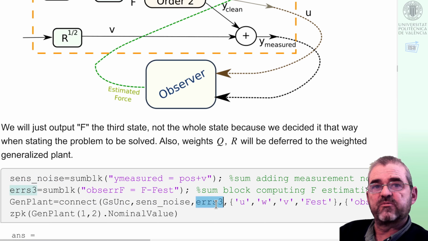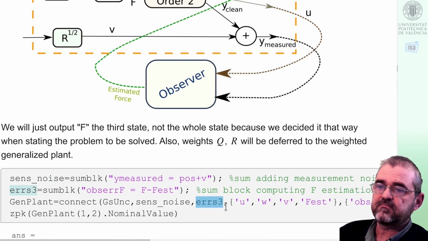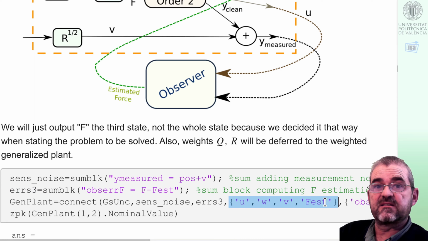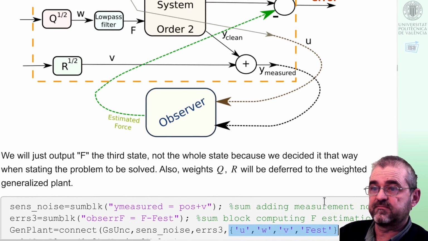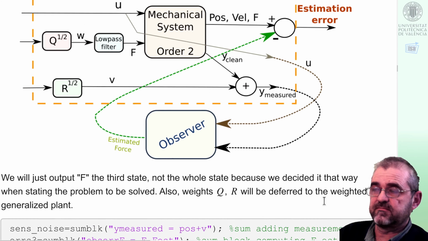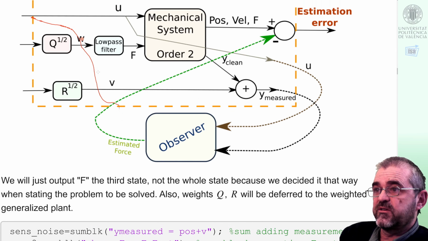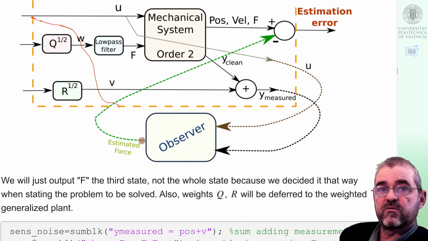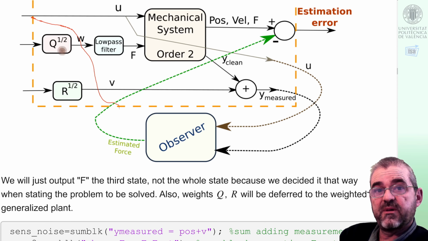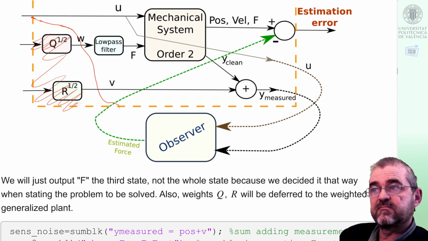ERS3 summation blocks. And we request this generalized plant to have 4 inputs, this U, W, V, and the estimated force, because these constant blocks here will be part of the weighted generalized plant. So we forget about them for the moment being.